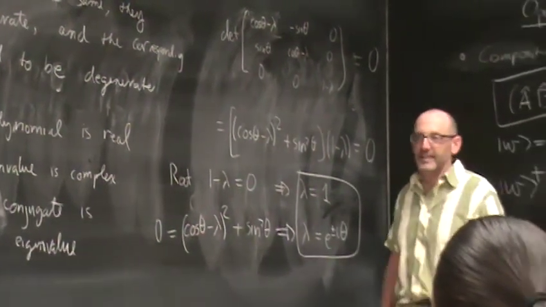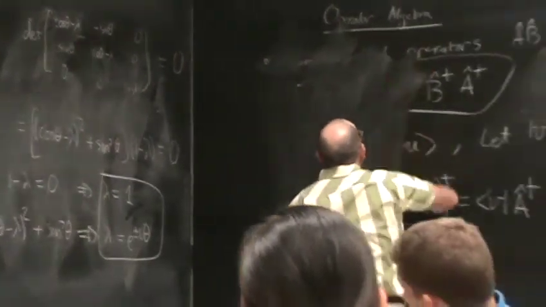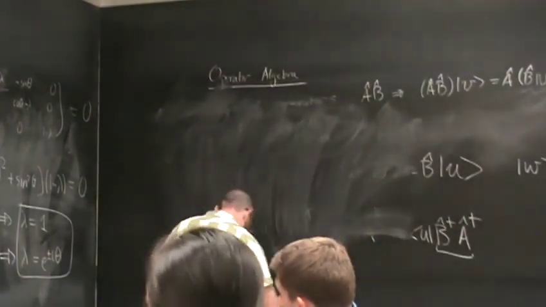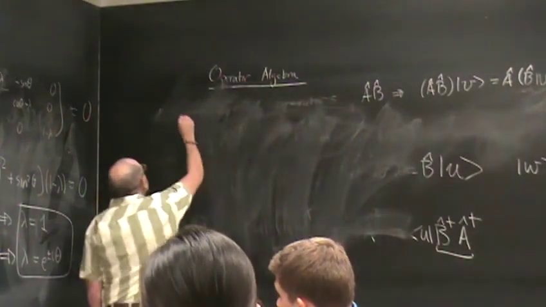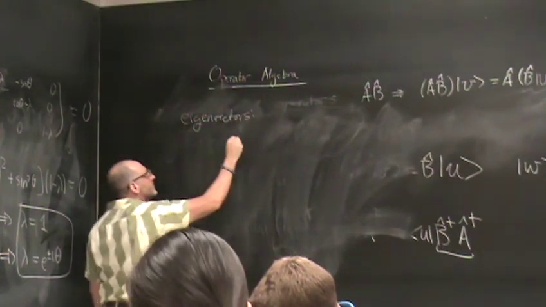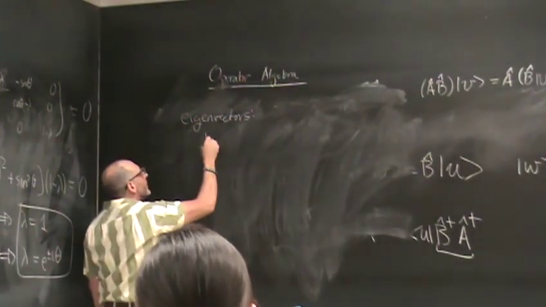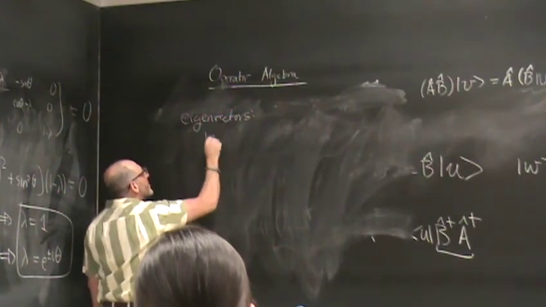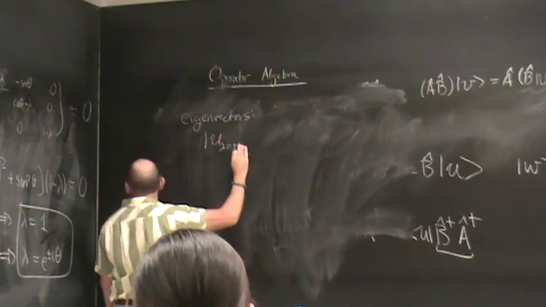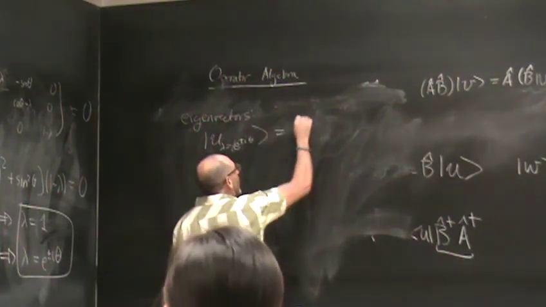I just want to say one last thing. What are the eigenvectors? We'll remind ourselves how to find them, but let me just write this out because I think it's kind of neat. The eigenvectors are the following.